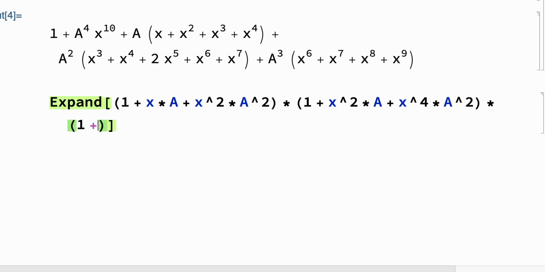After expanding it, nothing new is there, all the things are the same as in the previous problem. So let me expand it.